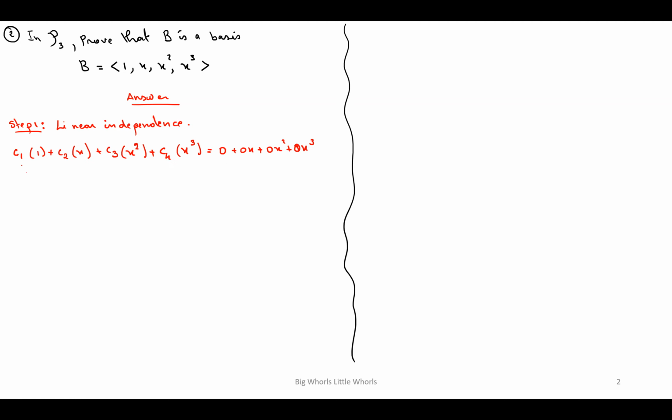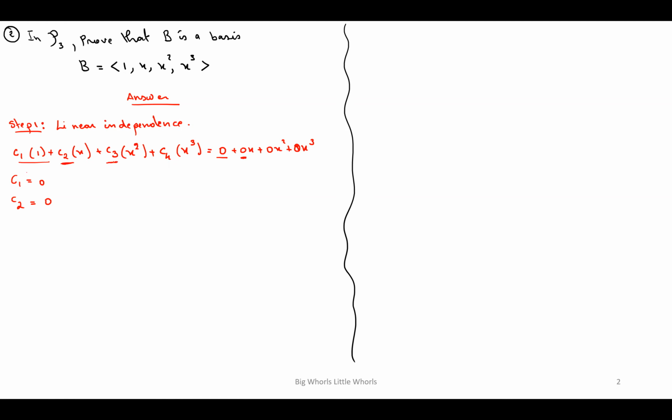So the polynomial on the left-hand side is equal to the polynomial on the right-hand side when the coefficients are the same. So the constant on the left-hand side is equal to the constant on the right-hand side, C1 equals 0. The coefficient of x on the left equals the coefficient of x on the right, so C2 equals 0.